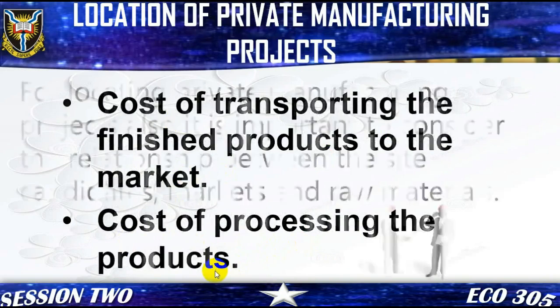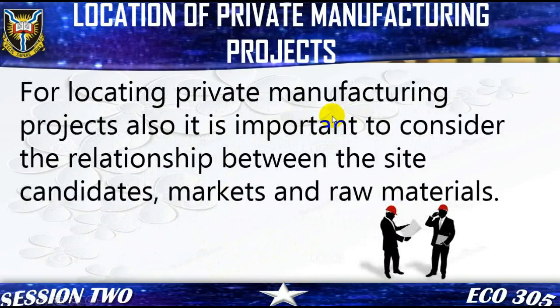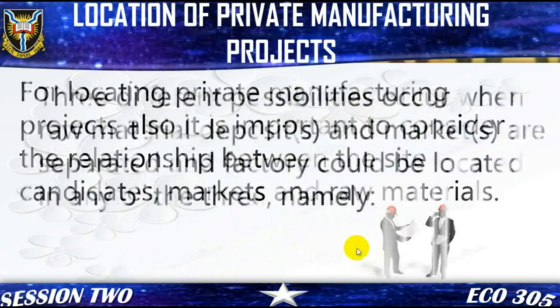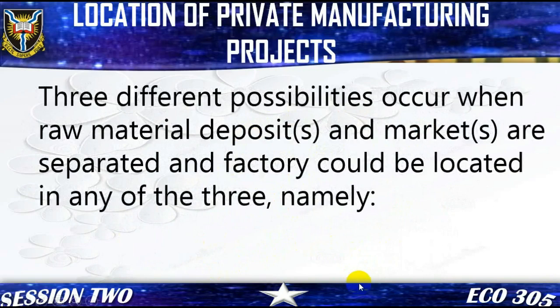For locating private manufacturing projects, it is also important to consider the relationship between the site candidates, markets, and raw materials. The candidates could come from the same location as the market or from the raw materials deposits, or away from both.